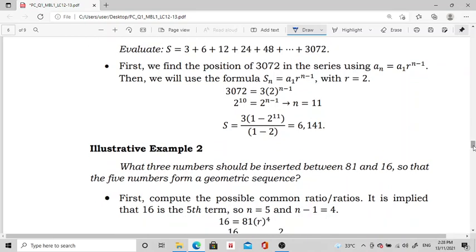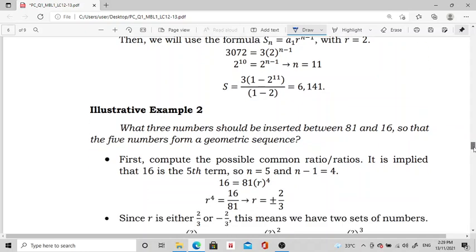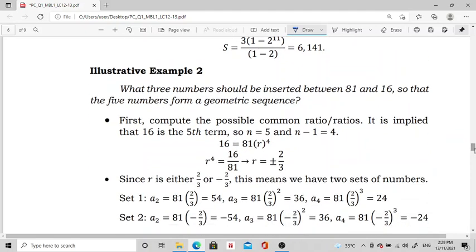What if we want to insert numbers naman? So may mga ganitong items na na-encounter natin. What 3 numbers should be inserted between 81 and 16 so that the 5 numbers form a geometric sequence? So first, we compute the possible common ratio or ratios.